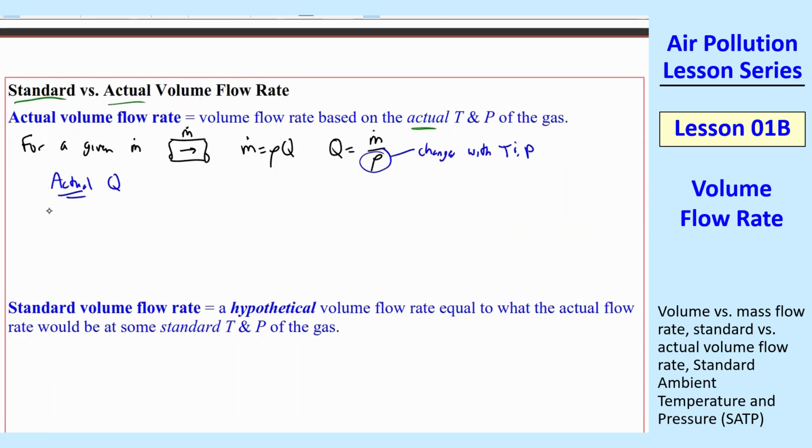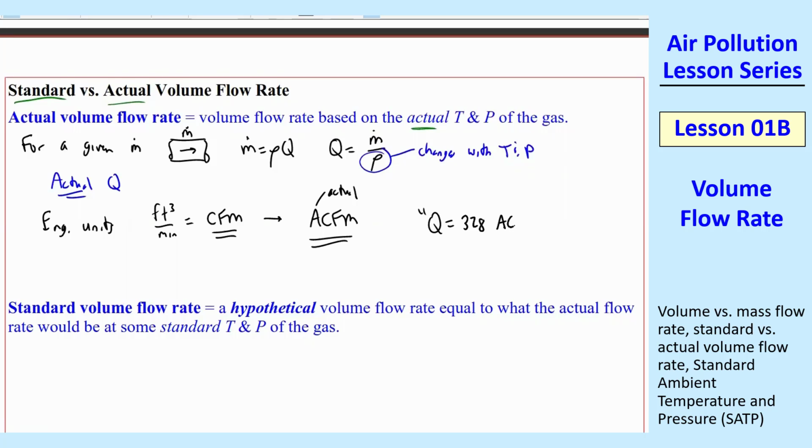I'll give it in English units, commonly used feet cubed per minute, or CFM. And there's a special unit in the English system, ACFM, meaning actual cubic feet per minute. So you might write, for example, Q equals 328 ACFM, and people understand that to mean actual cubic feet per minute. In metric, it's not quite so simple.